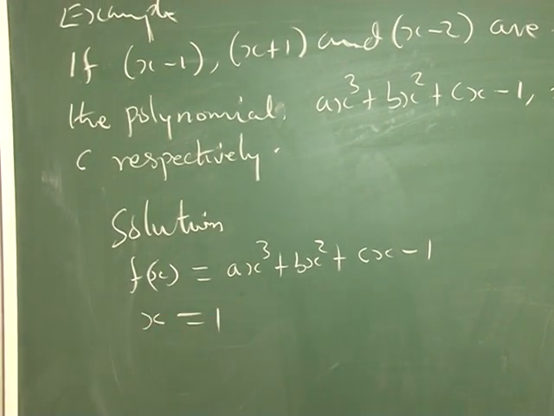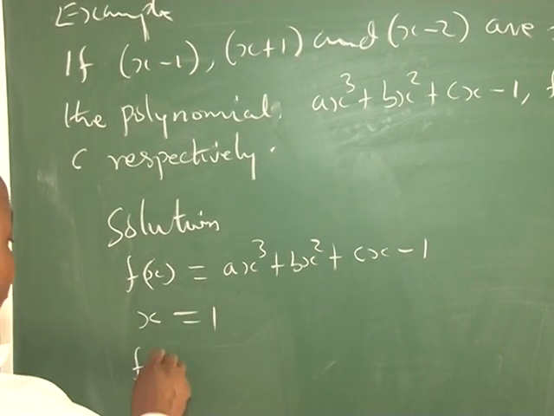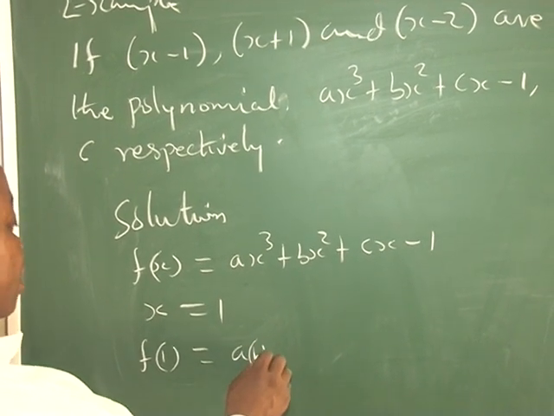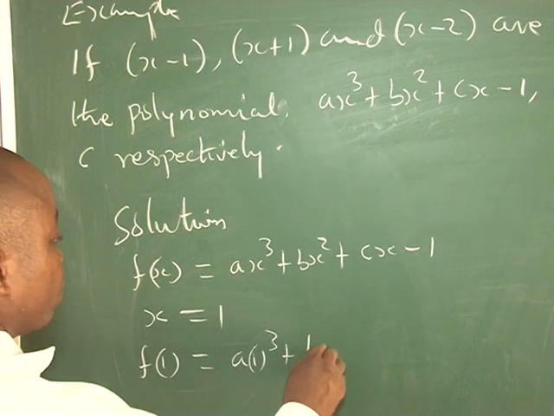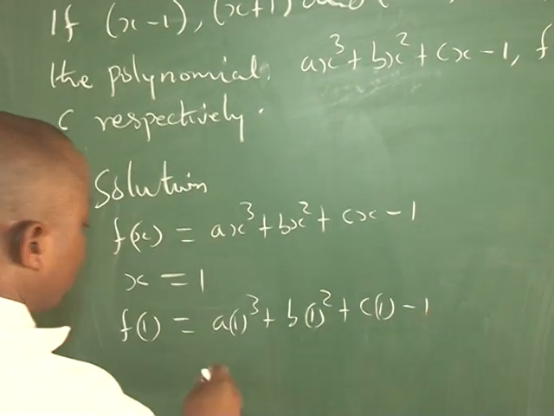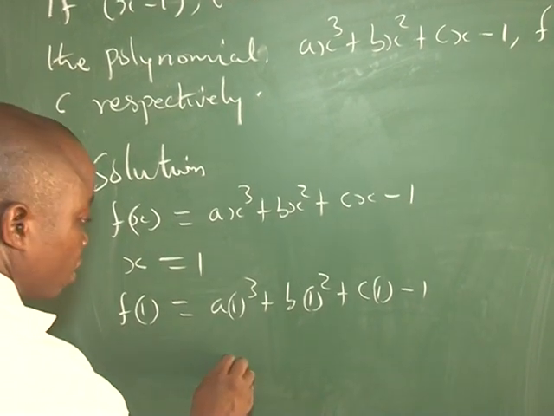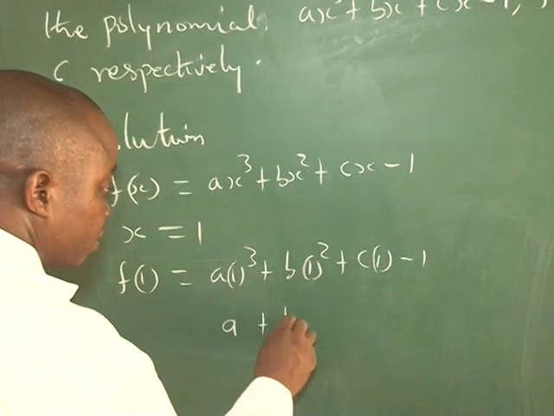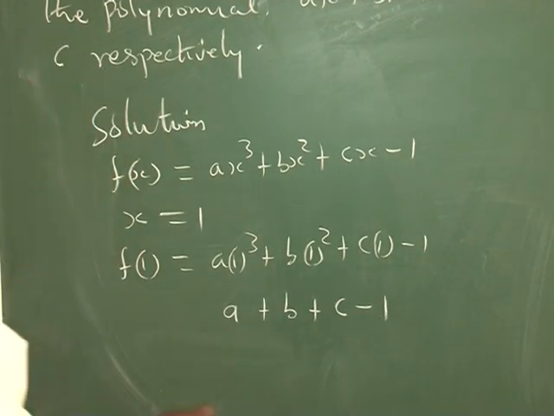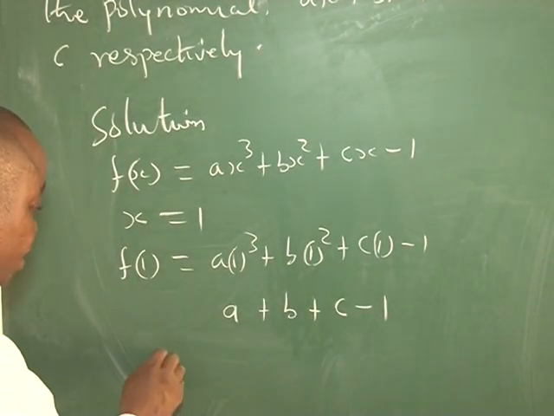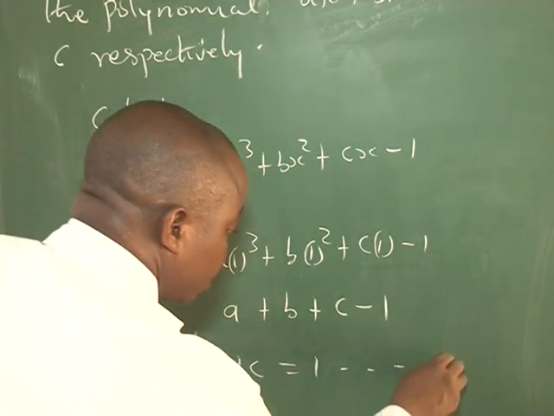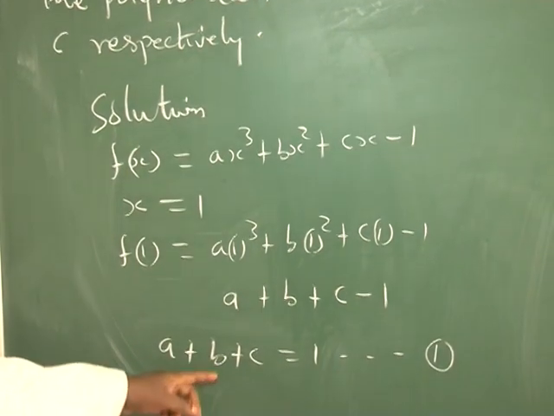Now, if we substitute it here, we have f of 1 equal a times 1 cube plus b 1 square plus c times 1 minus 1. That will give us a plus b plus c minus 1, which also means we can write it this way: a plus b plus c equal 1. So this is equation 1.